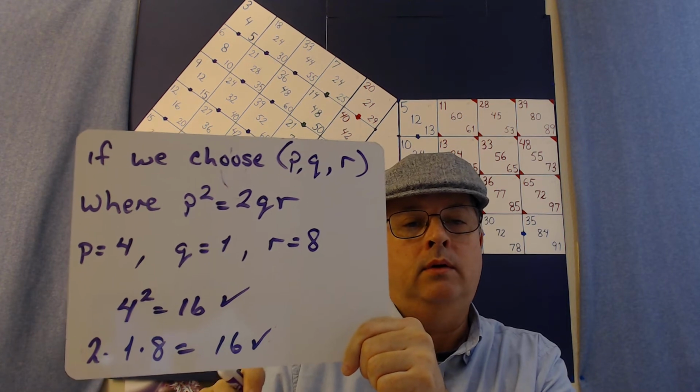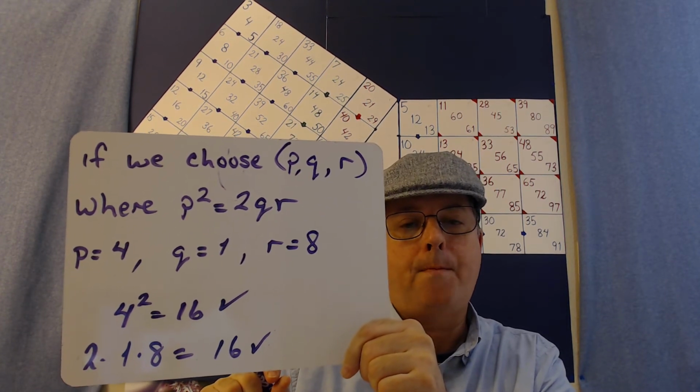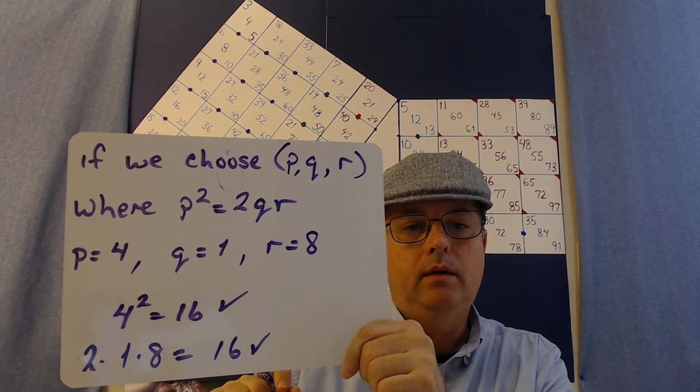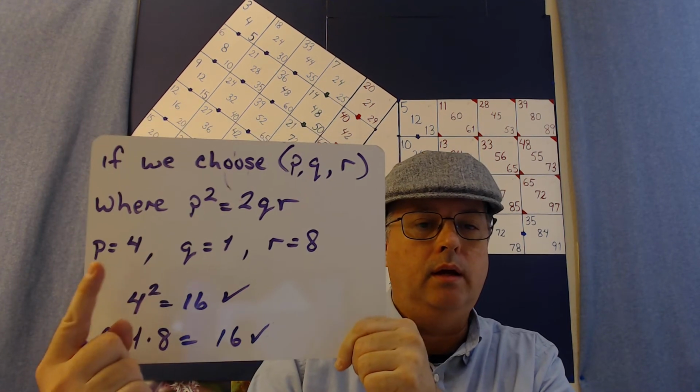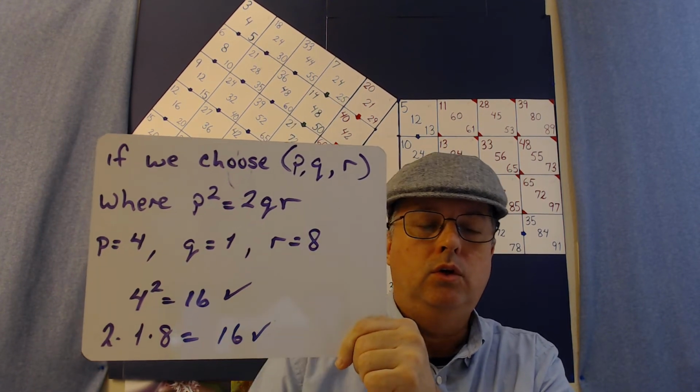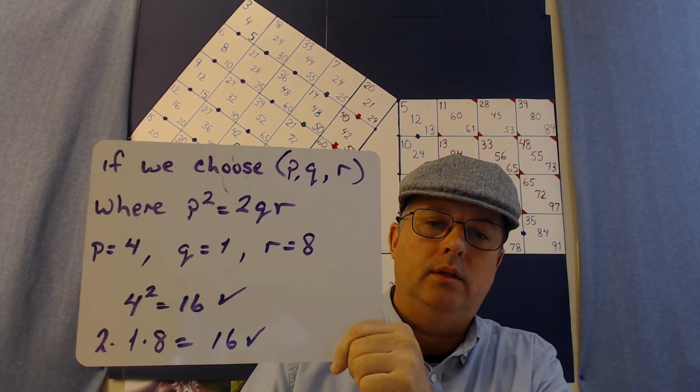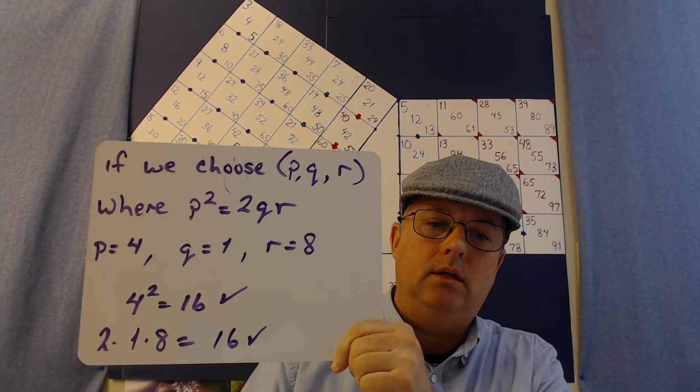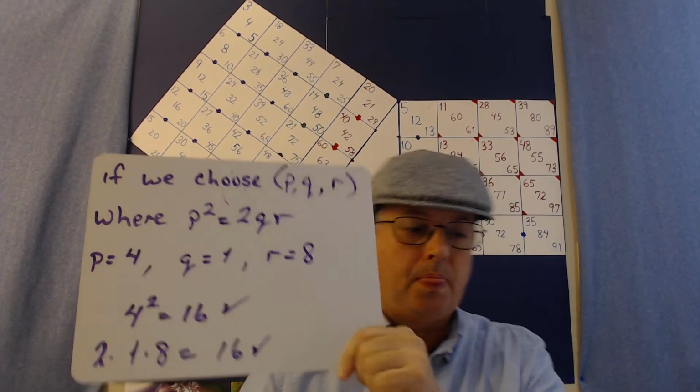And so now these three values, when we add them together in a certain way, then we should get a certain Pythagorean triple. Okay, and so let's do that here.